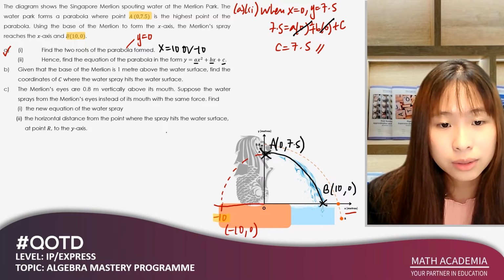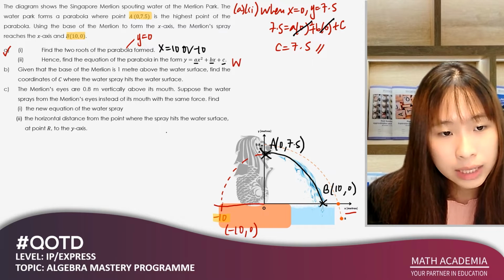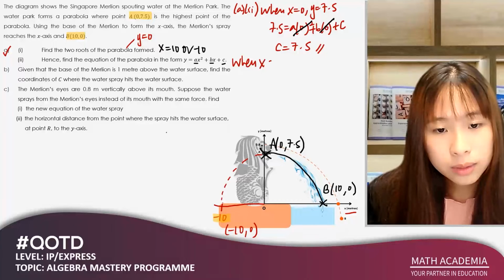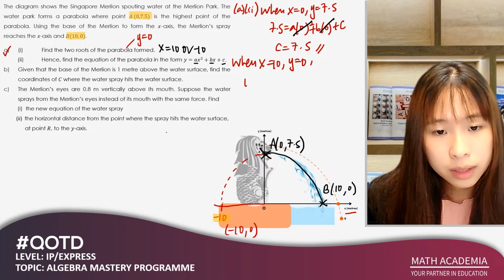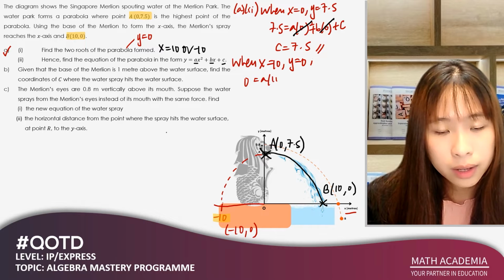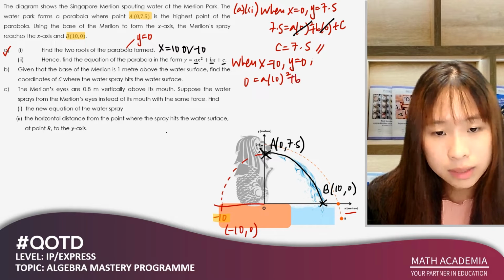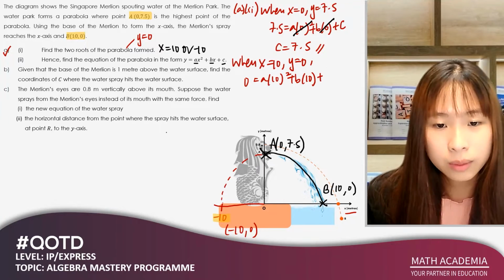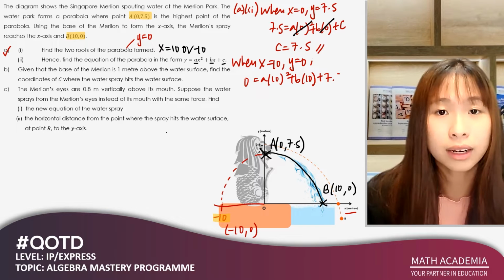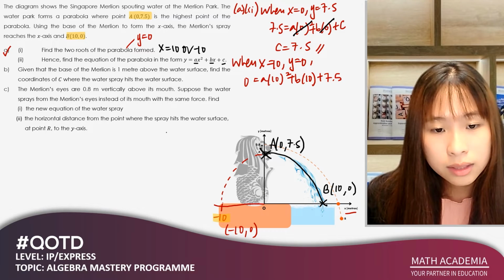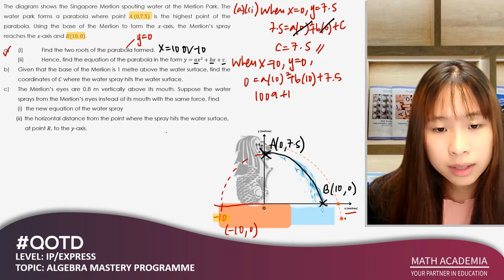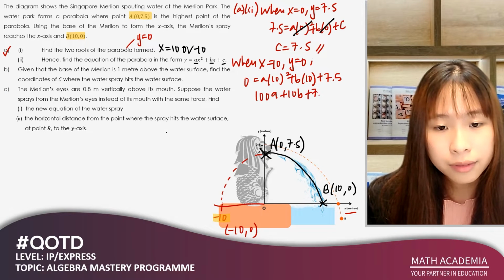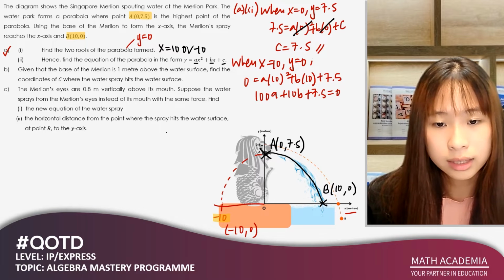To find the second unknown, we sub the second point, when x equals 10, y equals 0. So 0 equals a times 10 squared plus b times 10 plus c. I'm going to sub the 7.5 that I just found. Simplifying this, I get 100a plus 10b plus 7.5 equals 0, and that's equation 1.